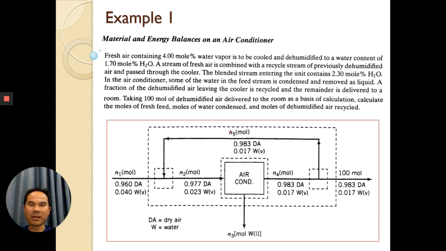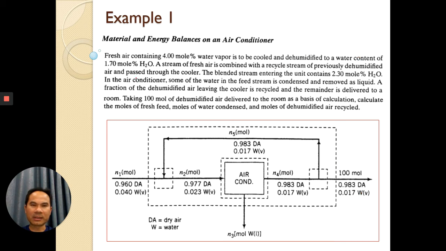For example, consider the material and energy balance on air conditioning. For this case, we will consider only the material balance. The fresh feed contains 4% water vapor by mole, that is 0.04 mole fraction of water vapor. This is to be cooled and dehumidified. Dehumidify means removing water, down to a water content of 1.7 mole percent, so the output is 0.017 mole fraction of water.